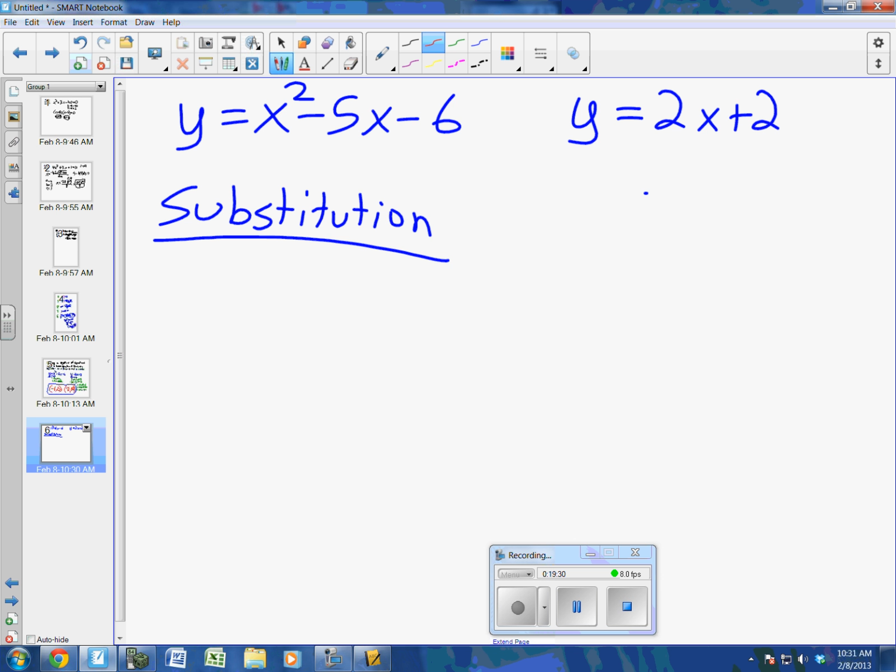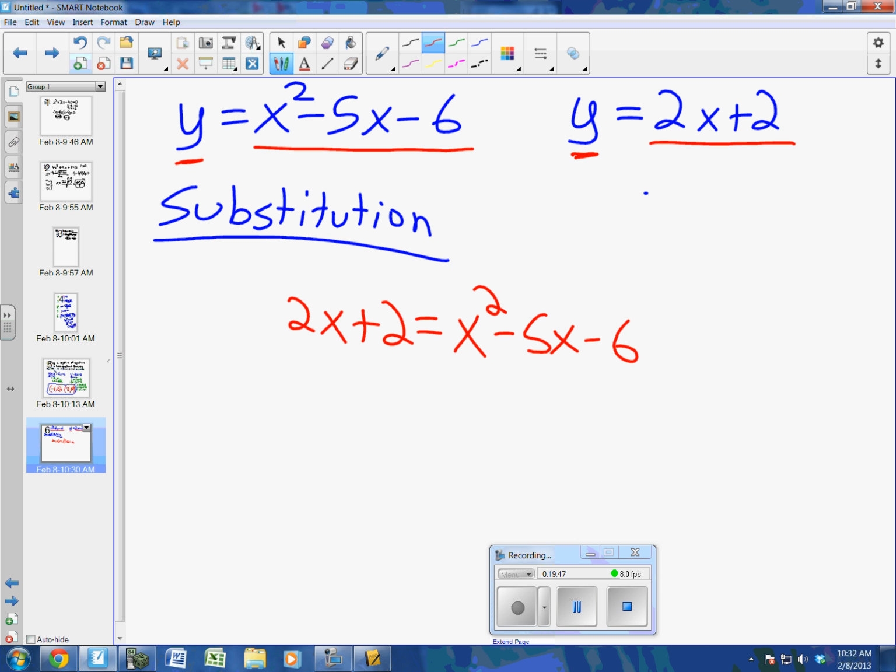I'm going to put 2x plus 2 in for y, and I'm going to get 2x plus 2 equals x squared minus 5x minus 6. Look, y equals 2x plus 2, right? And y equals x squared minus 5x minus 6. If you have this thing equal to the thing in the middle, and this thing over here is equal to the thing in the middle, aren't the two things on the ends equal?